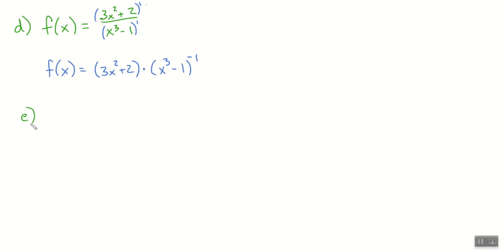Last one. Okay, this one's going to look a little different. We have a particle or an object.